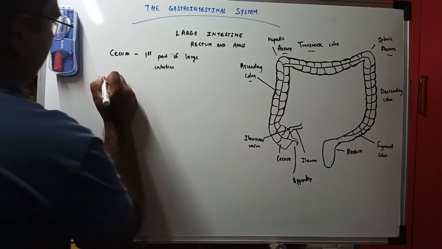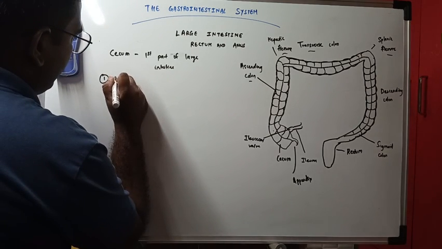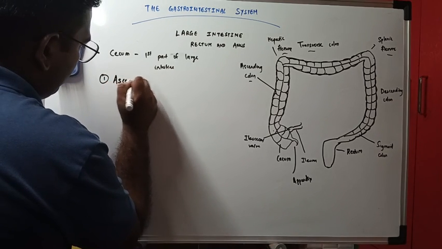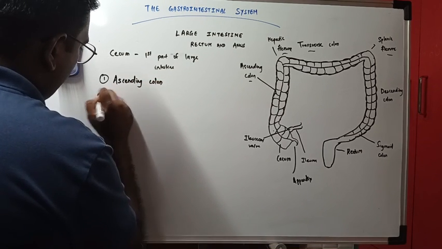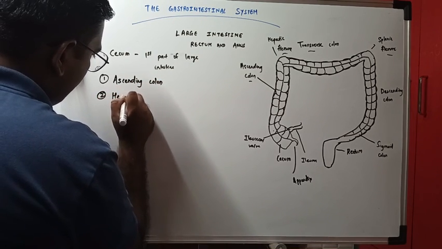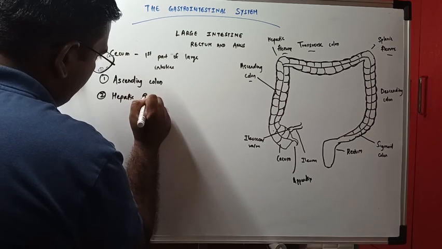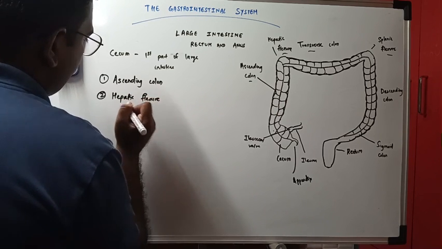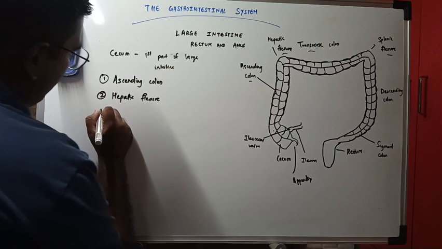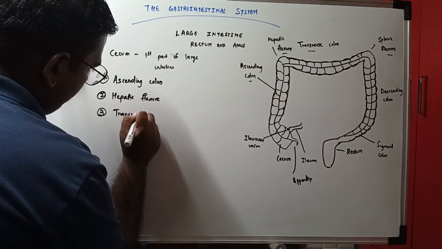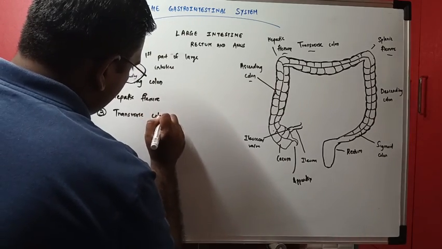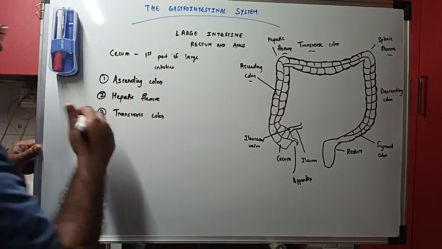So first we'll see the cecum, then the ascending colon, then the hepatic flexure, because it turns near the liver area. Then we have the transverse colon, because it runs transversely.